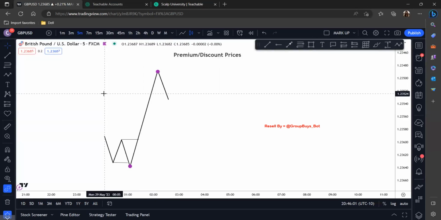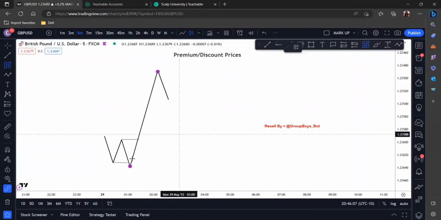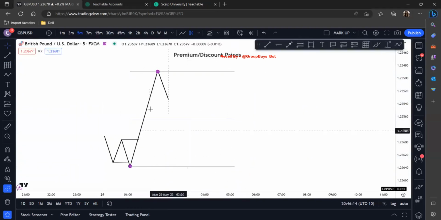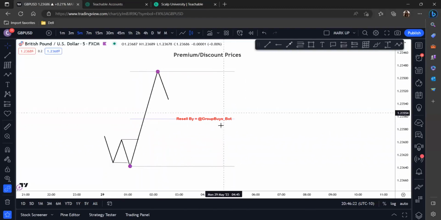We always want to measure from the low to the high or the high to the low. Okay, so we have our trading range here, and we're going to measure that with our box tool. We're going to measure from the low to the high. And what this tells us is we want to buy anything below the equilibrium. The equilibrium is essentially the middle area of the entire trading range.